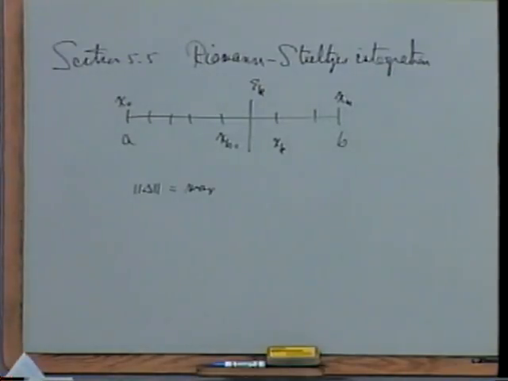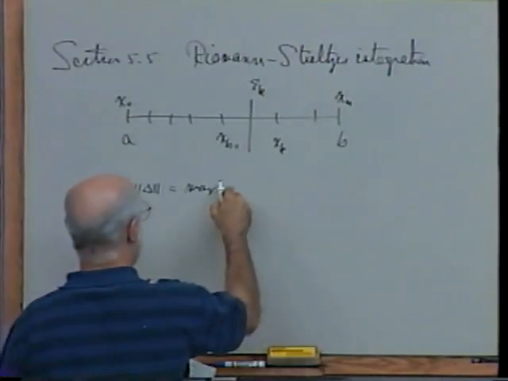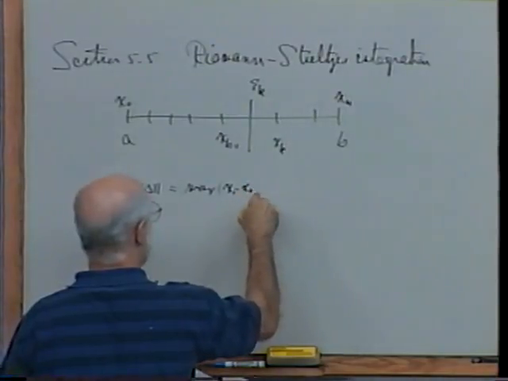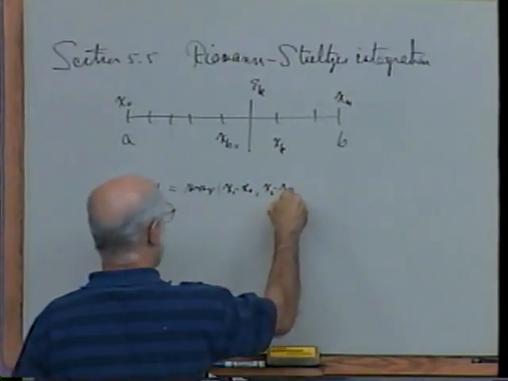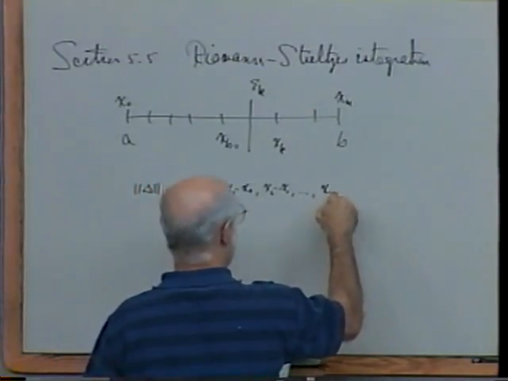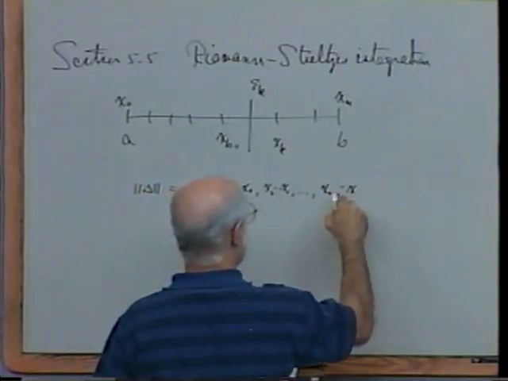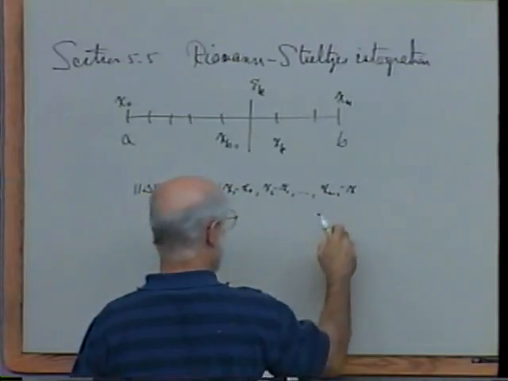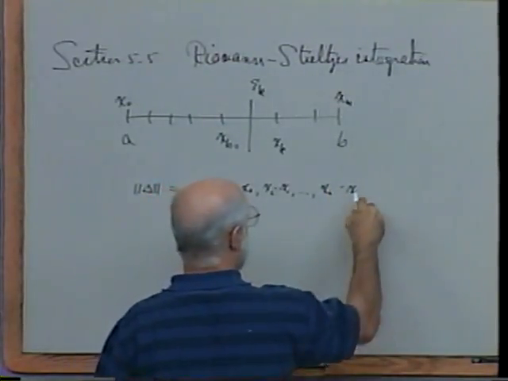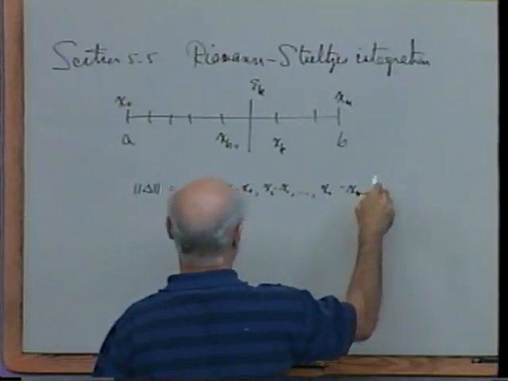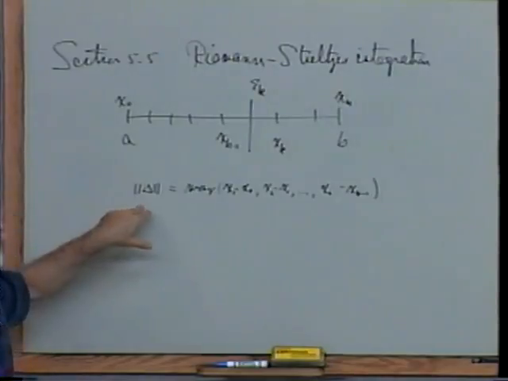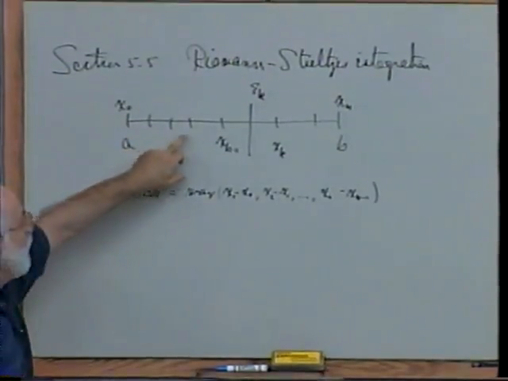So if I take the max of x1 minus x0 and x2 minus x1 and so on, up to xn minus x(n minus 1), that thing is called the norm. It's just the largest one of these intervals.